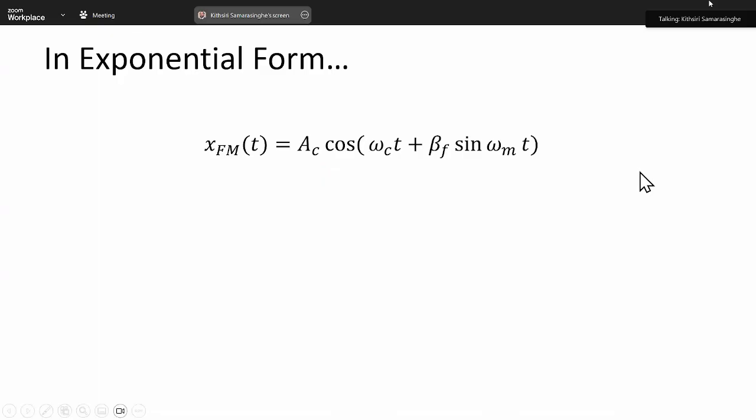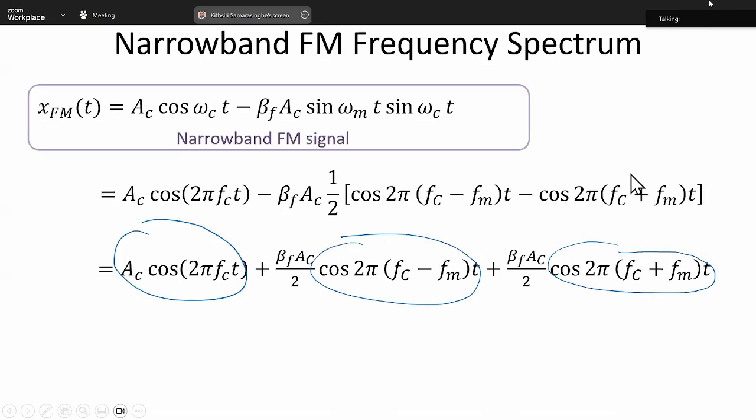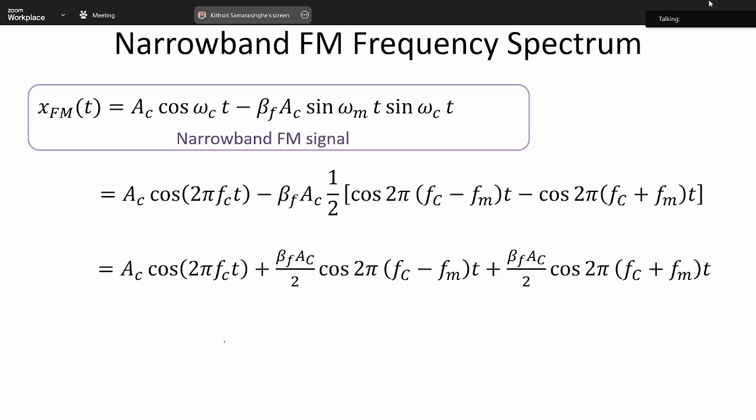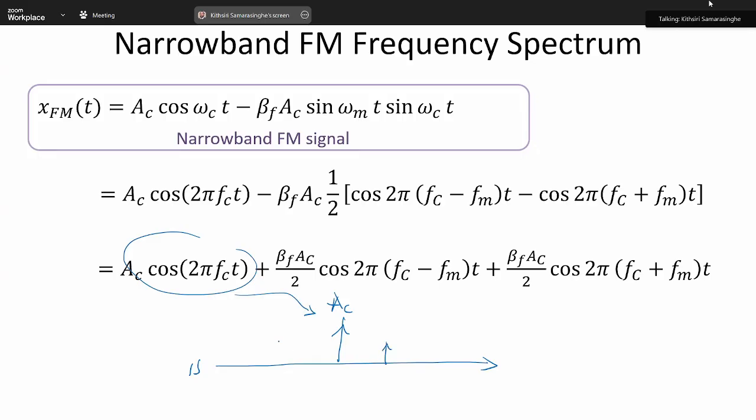The same thing can be written in exponential form. But let me plot this one. We'll have the carrier component with an amplitude of AC. Then the upper side frequency and lower side frequency.